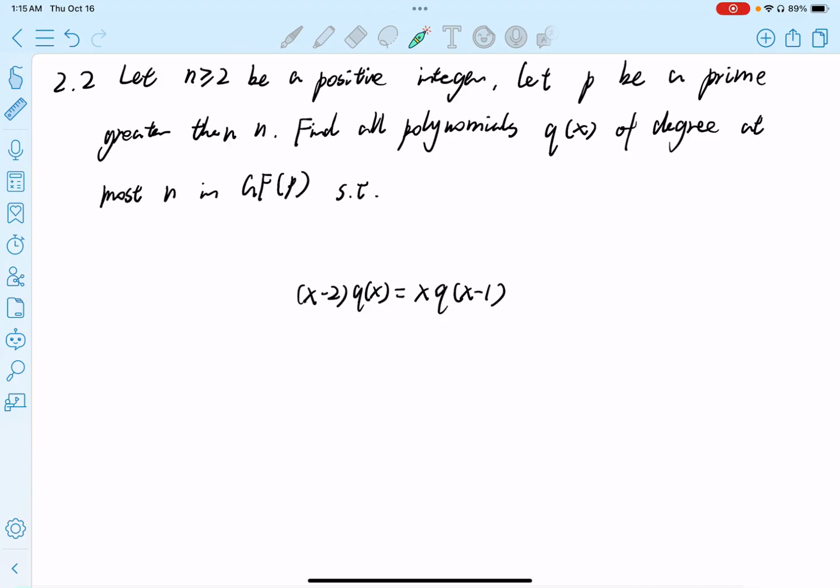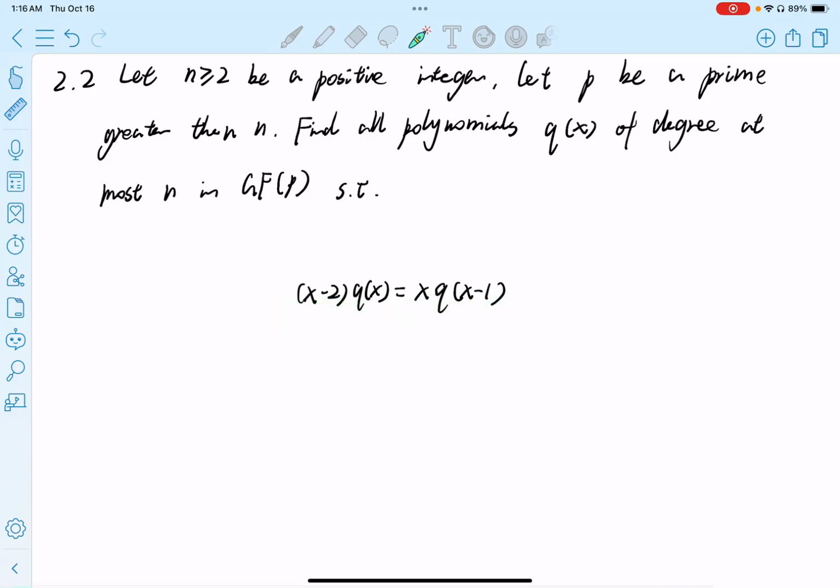So we need to derive some properties of q of x to be able to find all of the possible polynomials q of x. So what are the properties of q of x? First of all, we notice some numbers: x minus 2, x, and x minus 1.